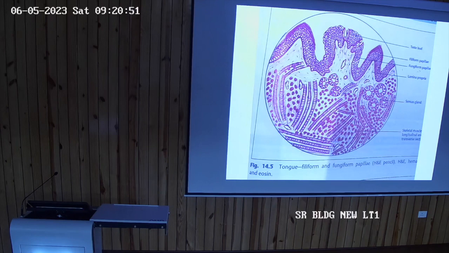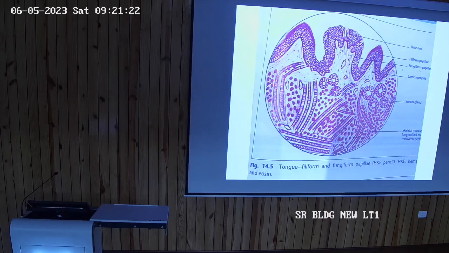So all these are skeletal muscle fibers. Besides this, you will also find glands. The glands may be serous glands or mucous glands. All these structures will be seen in the tongue. All right, we identify that the section is tongue.